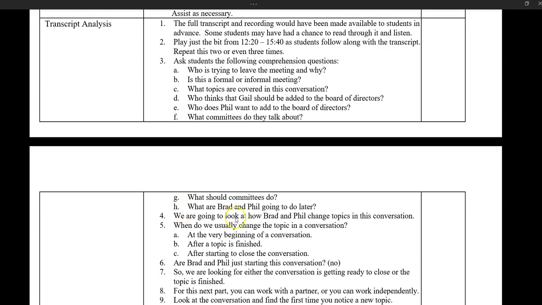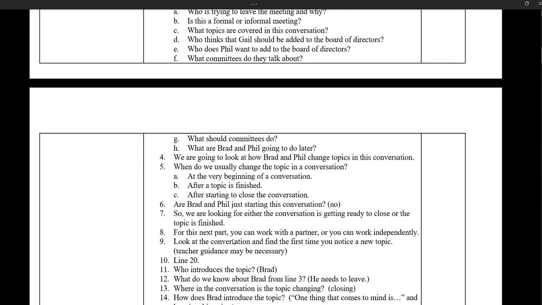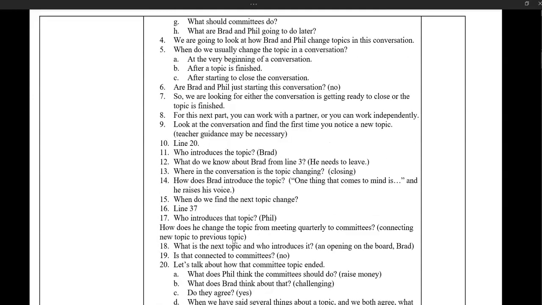But here we go into the topic management focus, and we review how topic management is normally done in conversations. So perhaps that would have been taught at an earlier time. And there are just a number of questions here to guide students through analyzing the transcript.